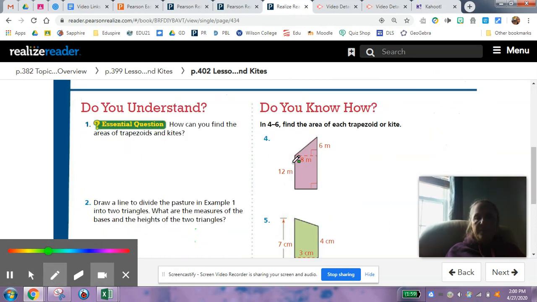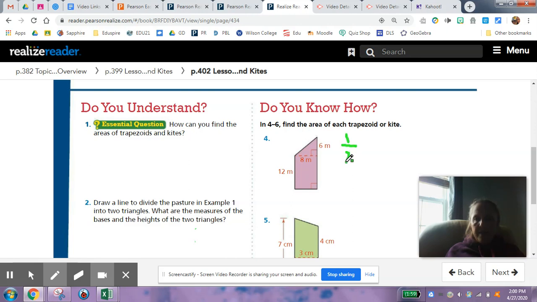Okay, let's try it for this one. 1/2 times the height times the quantity base 1, which is 12, plus base 2, which is 6 plus 12.